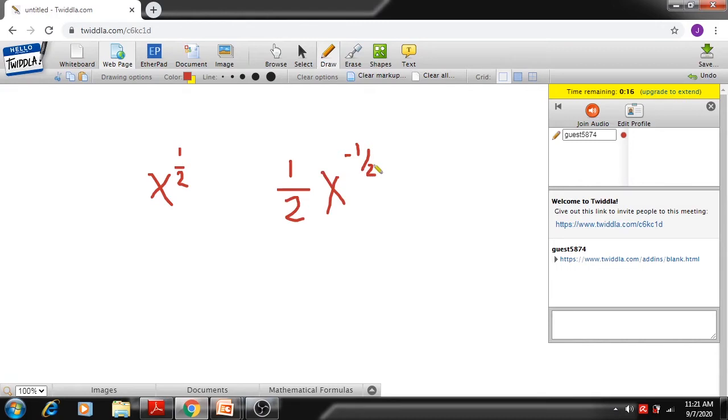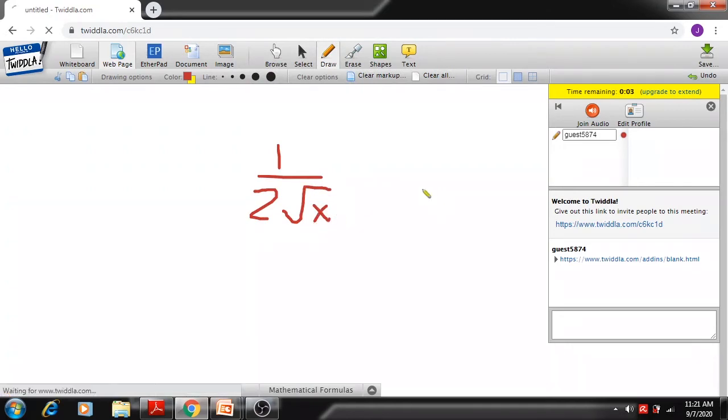But how will we do this? So you can rewrite 1 over x as x raised to negative 1. Pretty easy. So knowing that, we can now rewrite that as 1 over 2 square root of x. See? Pretty easy.